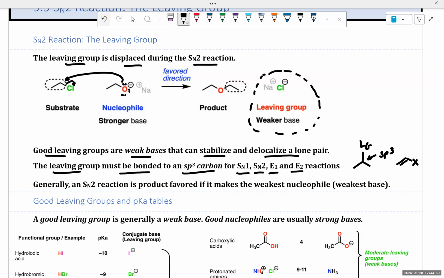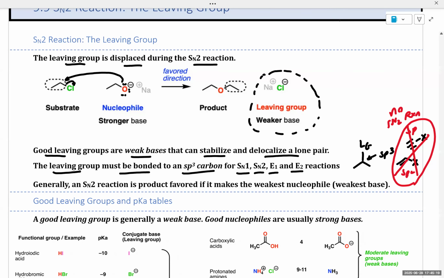If you have a carbon-leaving group bond where it's attached to an sp or sp2 carbon, I'm going to put a circle and a cross through them. You will see no SN2 reaction. So it's important that for an SN2 reaction, as well as some other substitution and elimination reactions that we're going to talk about, the leaving group must be attached to an sp3 carbon in order for the reaction to occur.